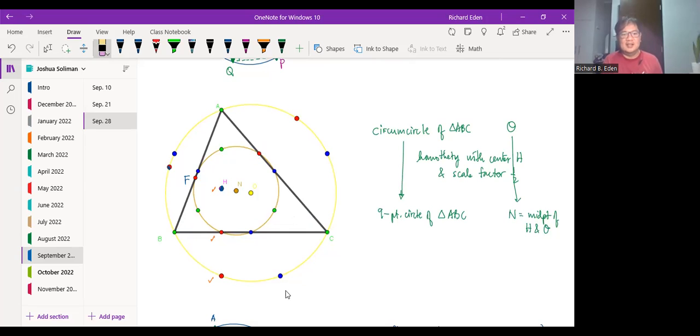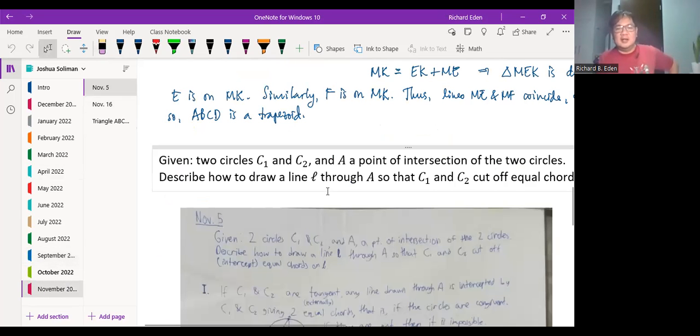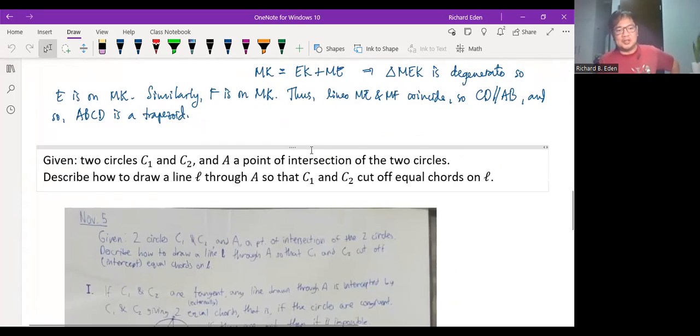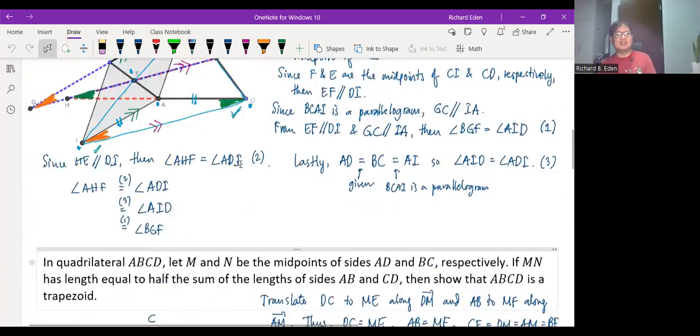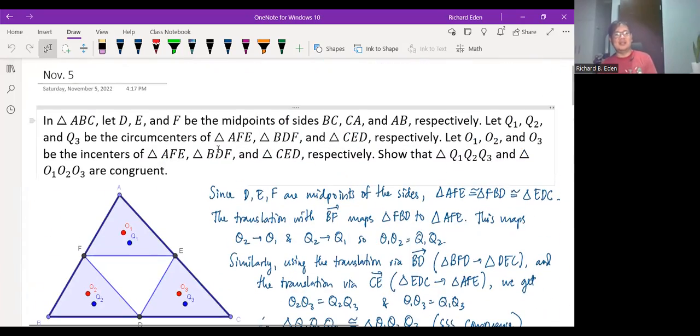Okay. Okie dokie. So now we go to November 5. I appreciate that you tried to answer this particular question. At least nabasa mo na siya, inintindi mo na siya. However, I meant this question as an example for the next kind of geometric transformation, which is a half turn. So dito usapan kasi ay translation.